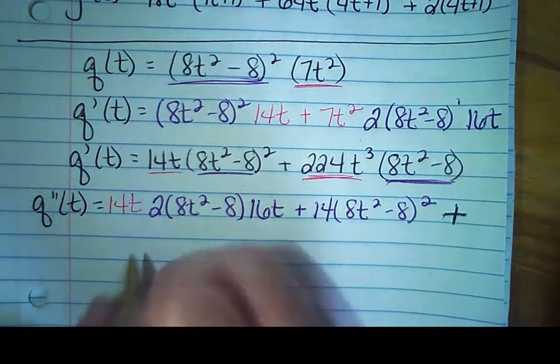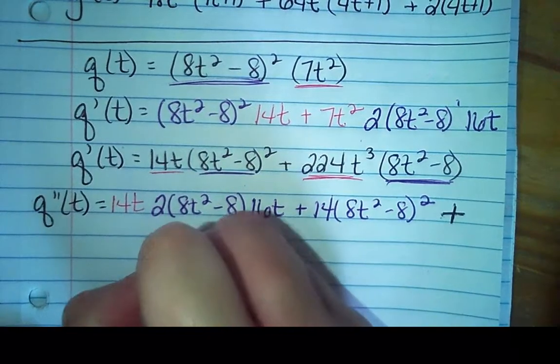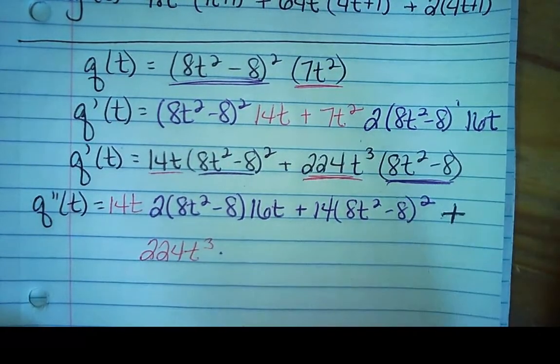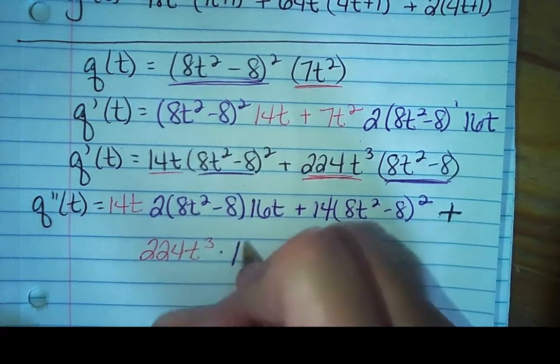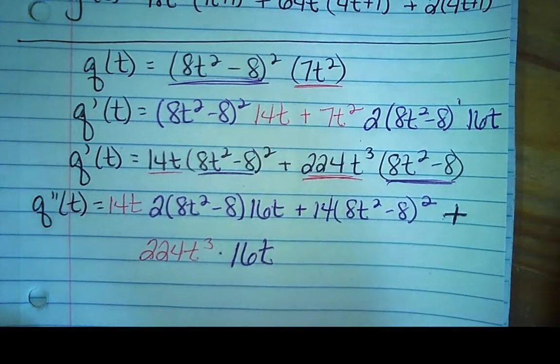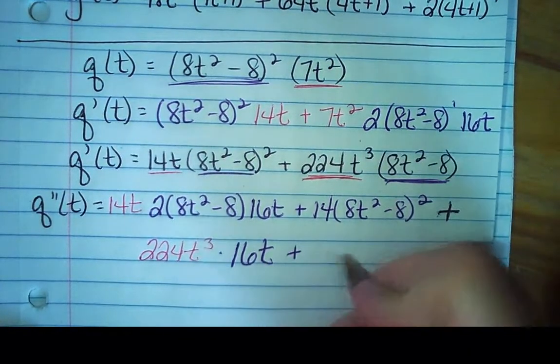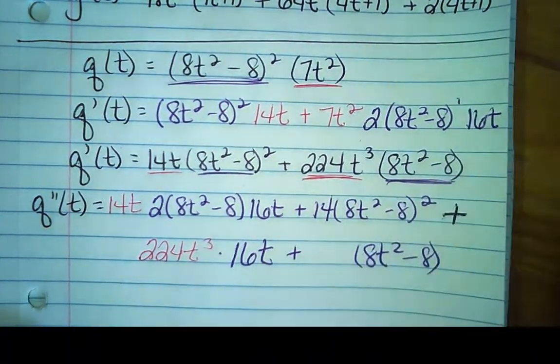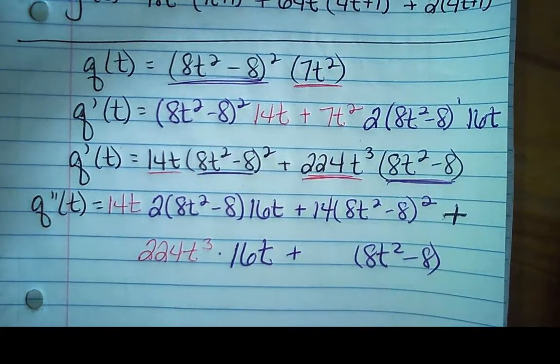All right, so I have the first, which is 224t^3, times the derivative of the second, which is simply 16t, plus the second, which is 8t^2 - 8, times the derivative of the first.